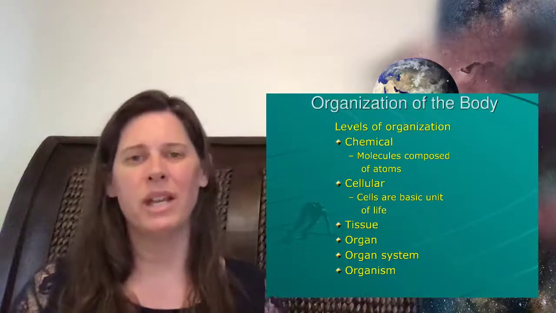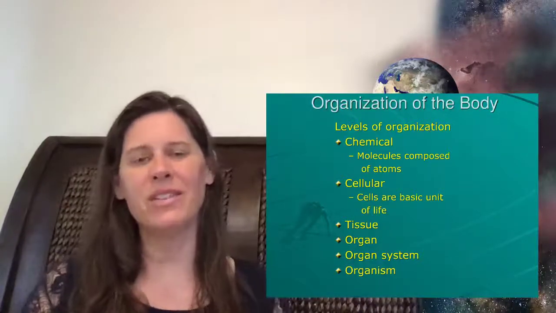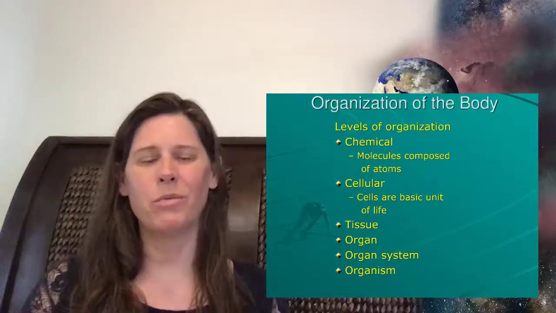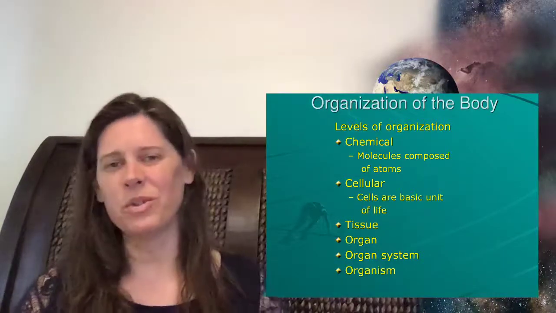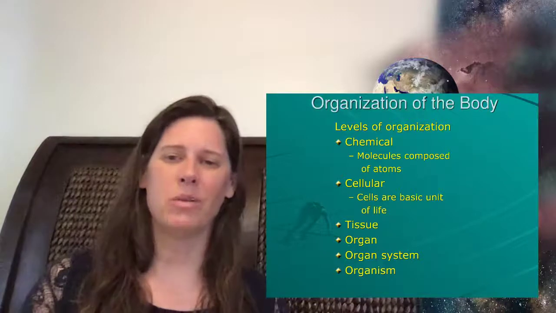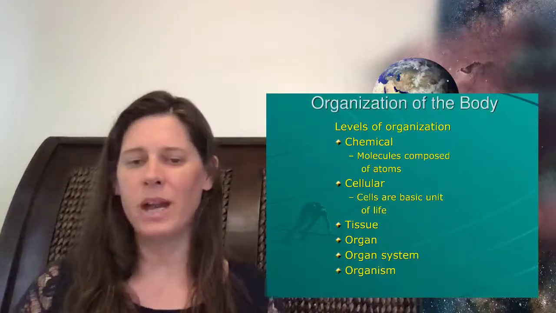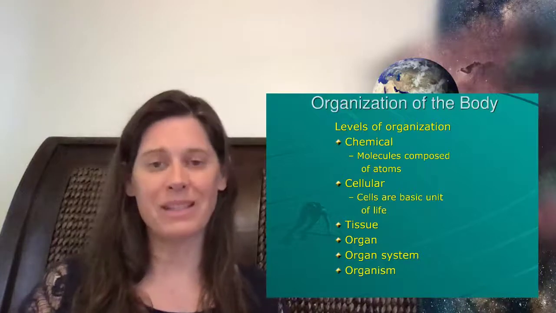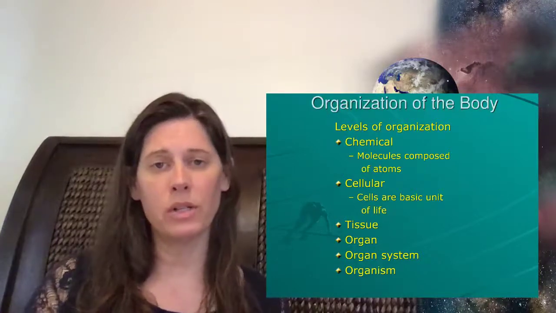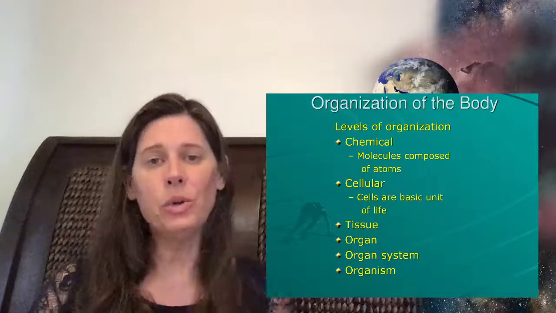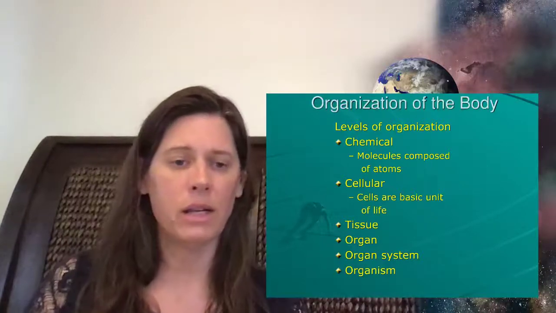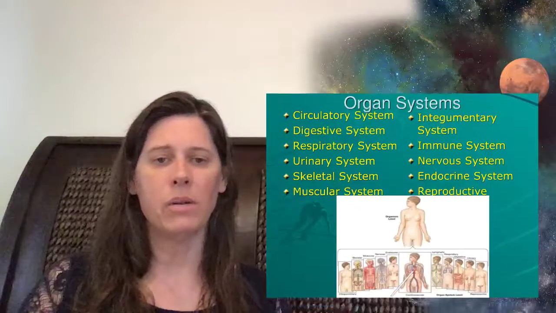When that blood gets to our kidneys, they can remove it and form urine, which gets stored in the bladder, and we release it through the urethra. That's another organ system, right? So we have a lot of different organ systems that interact with one another to create the organism that you are, right?